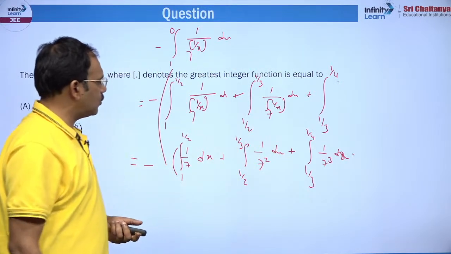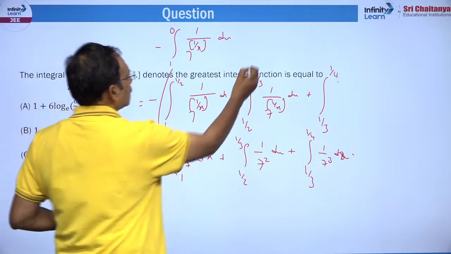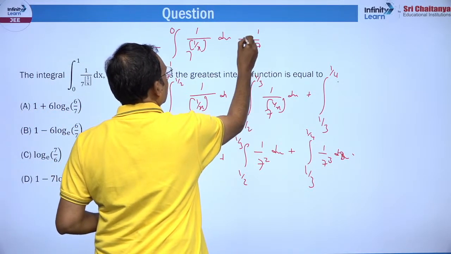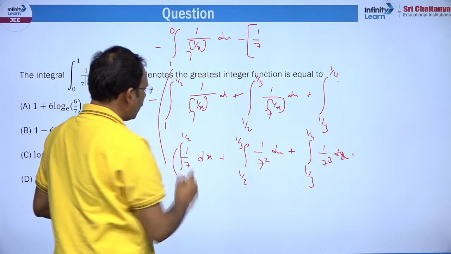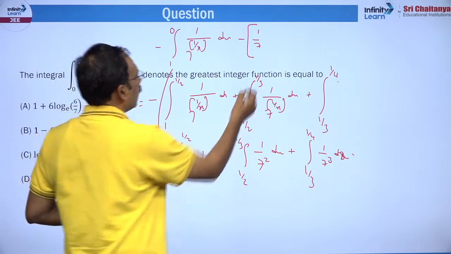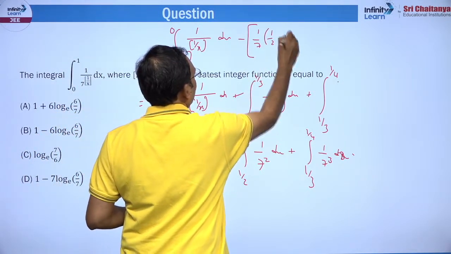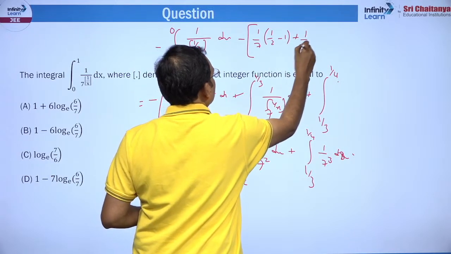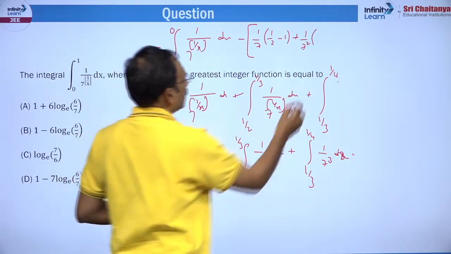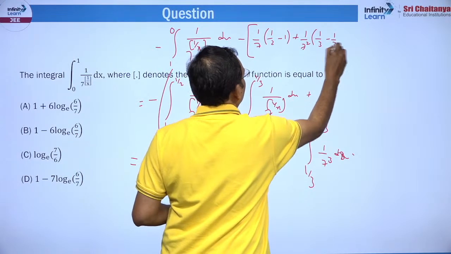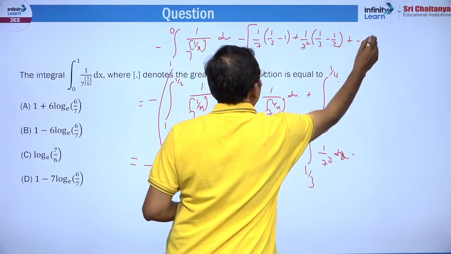Now this becomes minus of 1 by 7 into (1 by 2 minus 1) plus 1 by 7 square into (1 by 3 minus 1 by 2), like this the pattern goes.